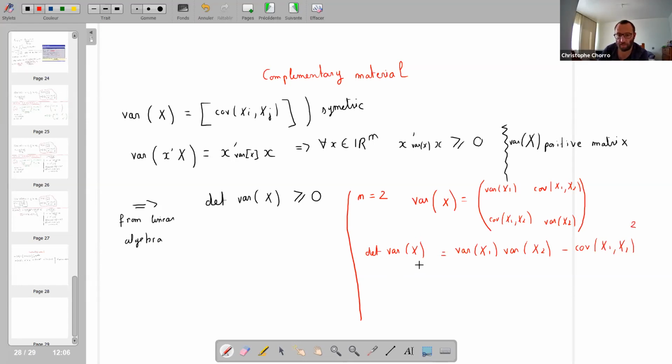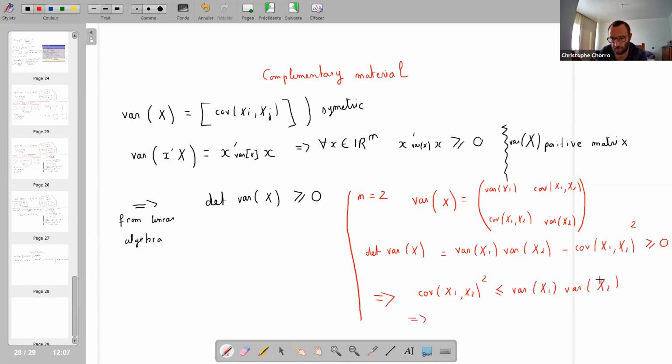And I know that this determinant, according to what I have said here, is positive. Okay, so it implies, in fact, a relation. Since this determinant is positive, it implies that the covariance between x1 and x2 square has to be less than the variance of x1 and the variance of x2.